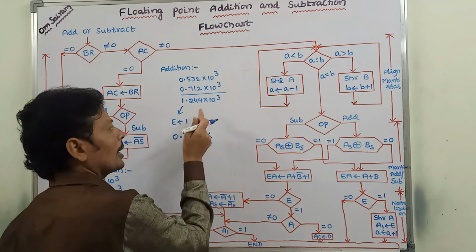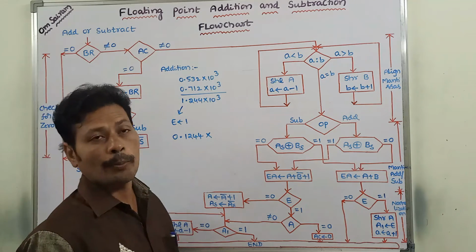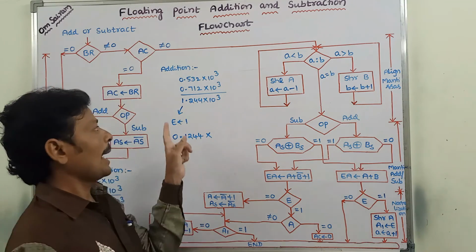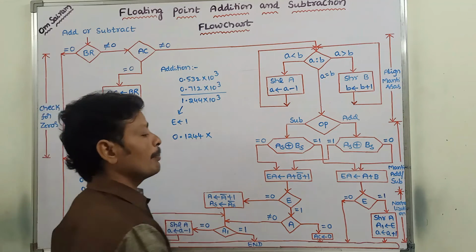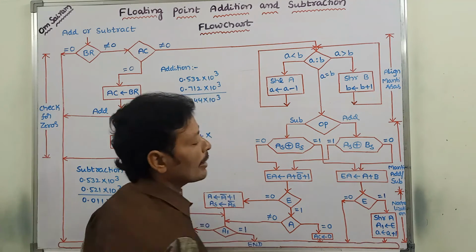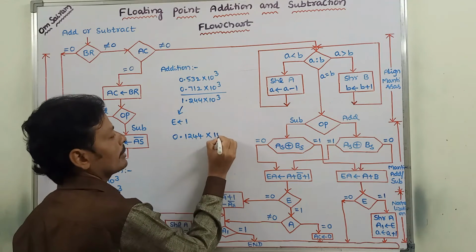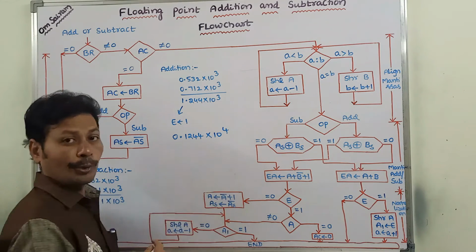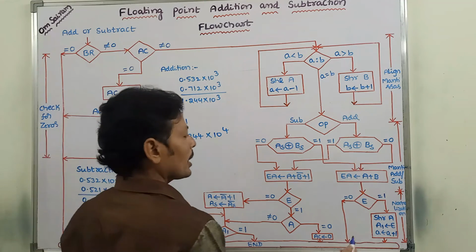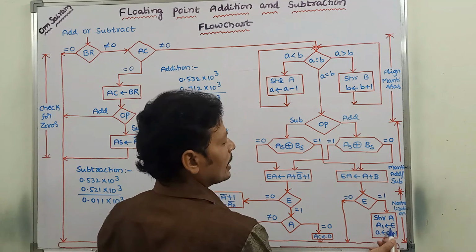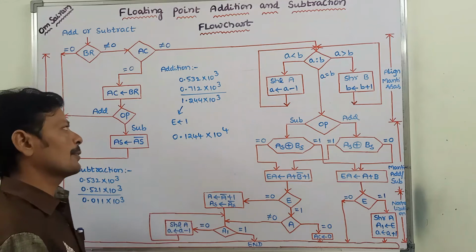Whenever we are performing the shift right operation on the mantissa, we simply increment the exponent value, so 10 power 3 becomes 10 power 4. Next, whatever the E value is, that E value is transferred to A1.